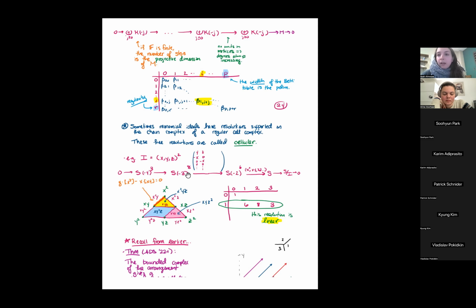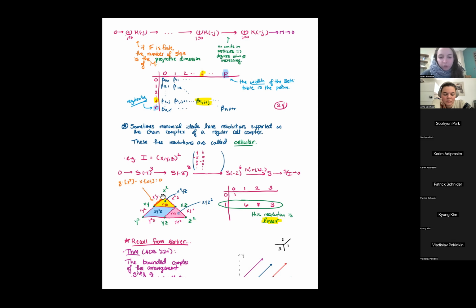At the next step, I get 8 minimal relations between them, and those correspond to these edges. You'll notice, for instance, that the edge I'm missing between xy and yz is redundant, because I can write it as a linear combination of the relations from xy to xz and xz to yz. So I don't need that one. So I get 8 of these edges.